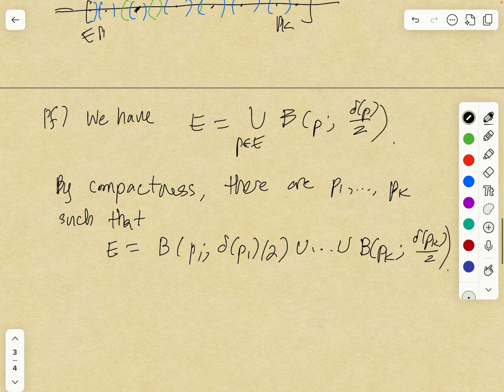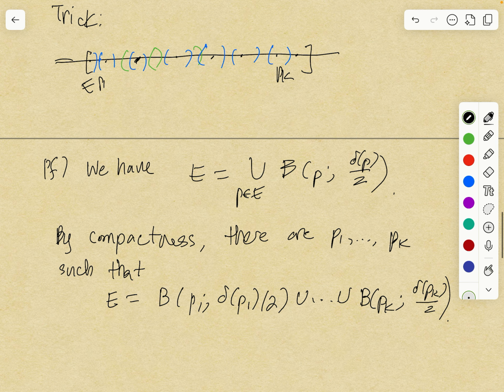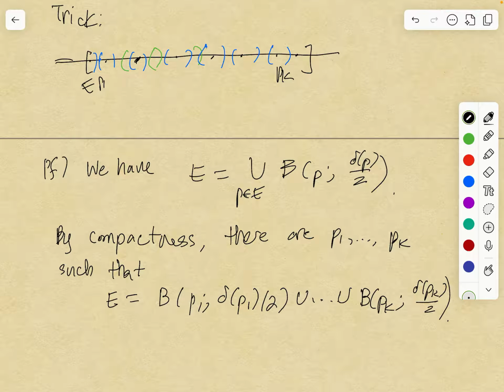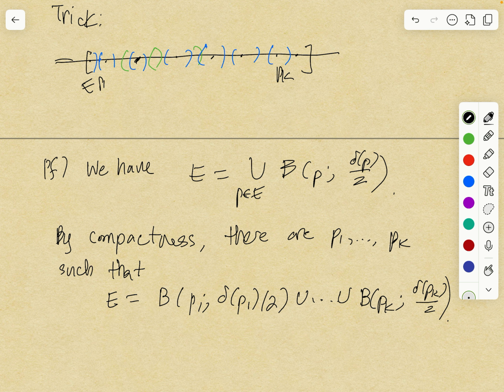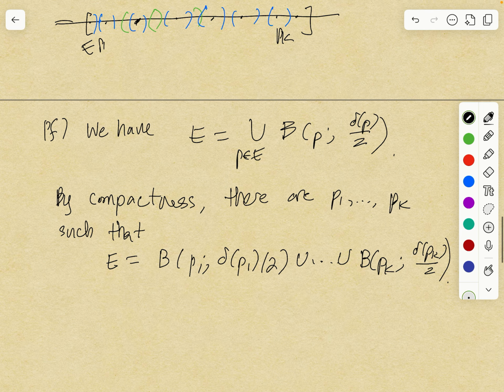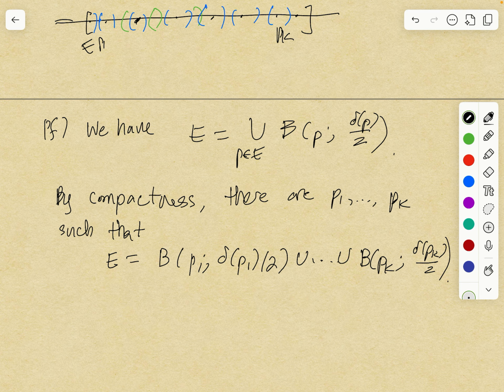But the point is that we really just want P and Q to be both in one of the green open intervals, or the green open balls. Because if we can get P and Q to both be in the same green open ball, meaning the ball centered at Pi of radius delta of Pi, then we can get the conclusion we want, right? So that was why we took a smaller radius.